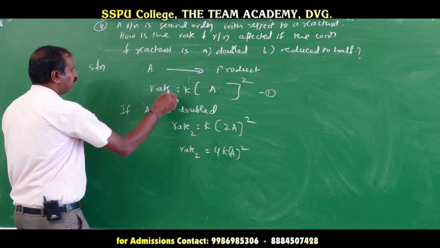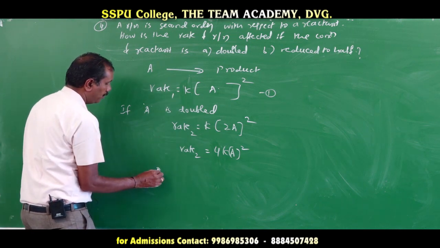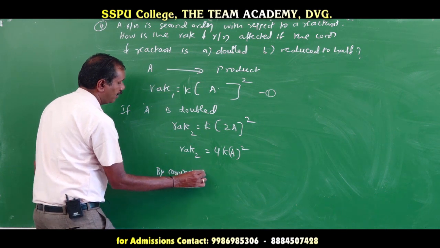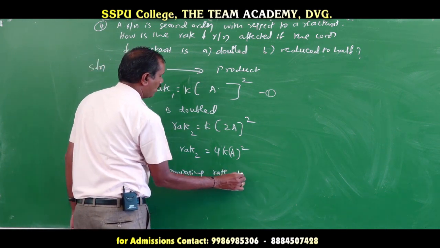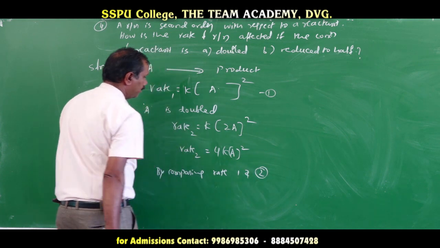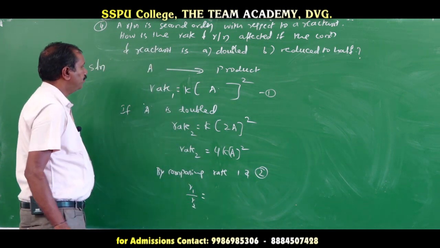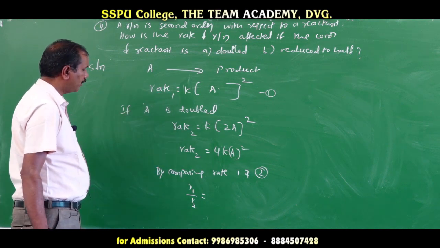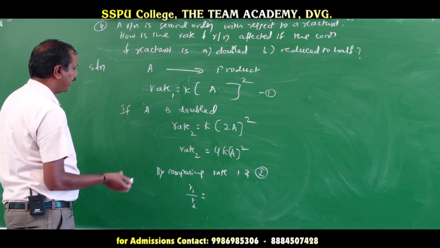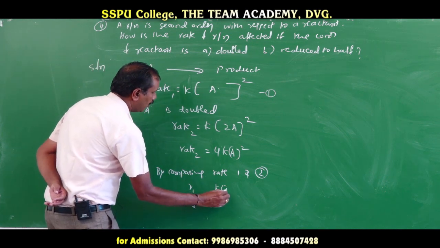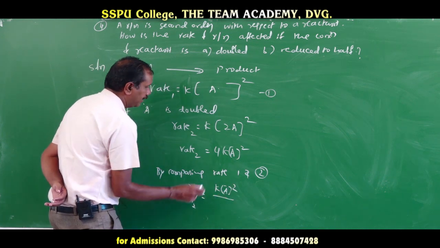Then by comparing rate 1 and rate 2, rate 1 by rate 2, or we may write rate 2 by rate 1, K into A to the power of 2 divided by rate 2.